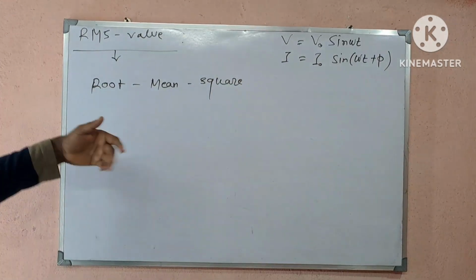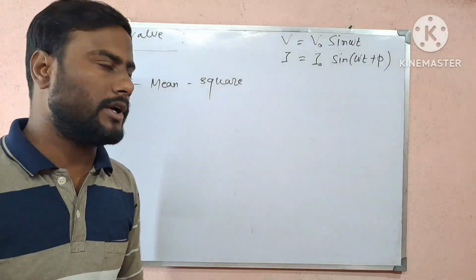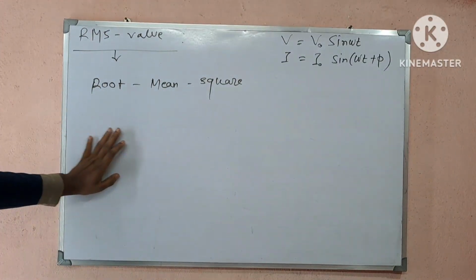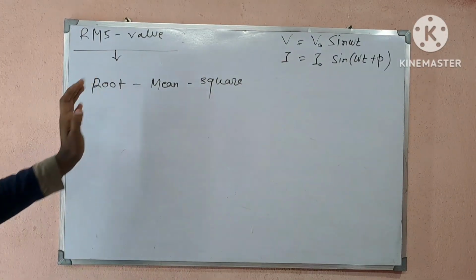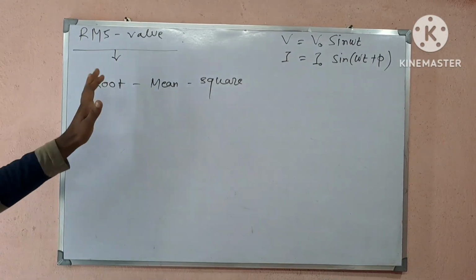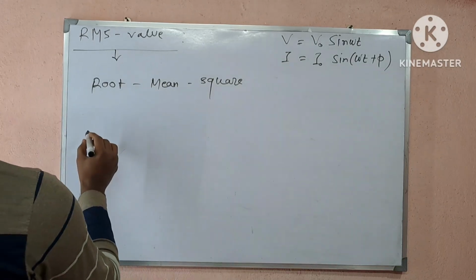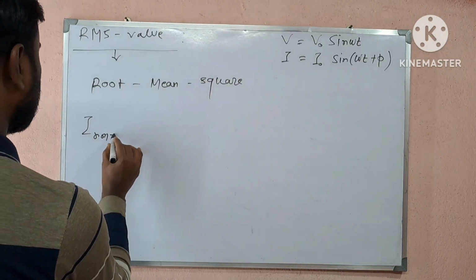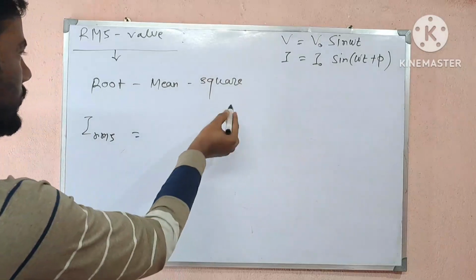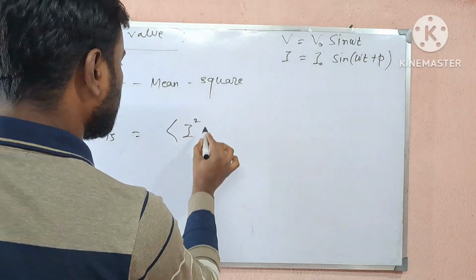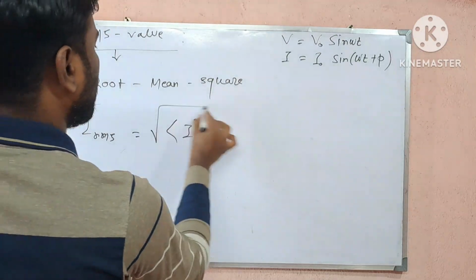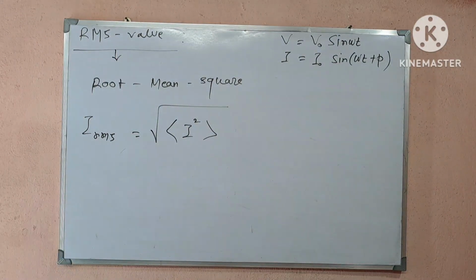That means if you want to calculate the RMS value of any quantity, then first you have to take the square of that quantity, then you have to take the mean of that quantity and then the square root. So according to this definition, if we calculate I RMS, that means the RMS value of current, first we have to take the square of current, then we have to take the average, and this is the symbol of average, and then the square root. So this is basically the I RMS.